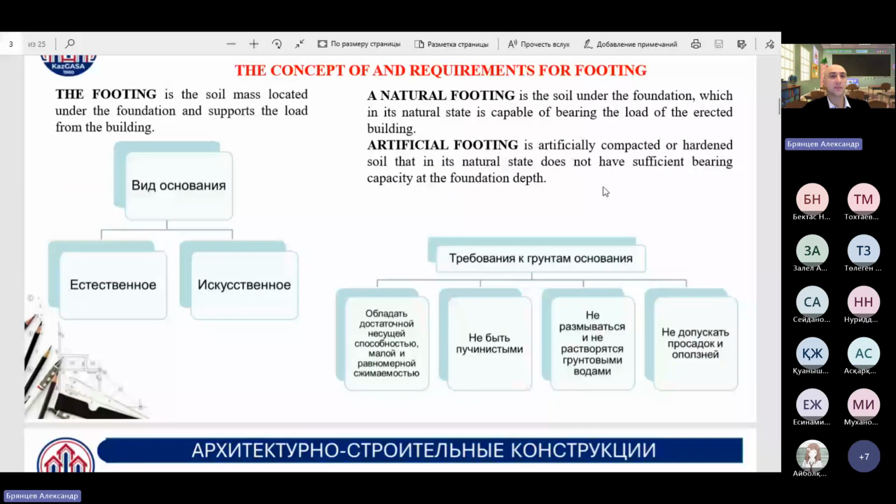So let's start our lecture by talking about the concept of foundations and the requirements for them. In general, the foundation bed is the soil mass located beneath the foundation.